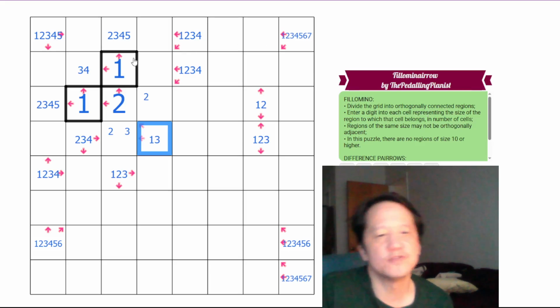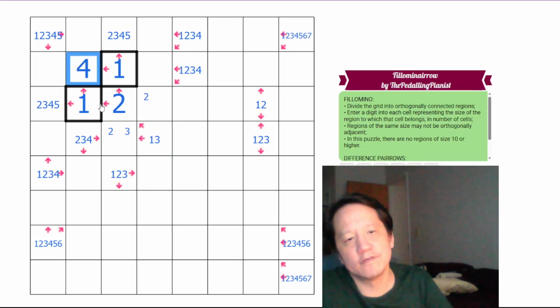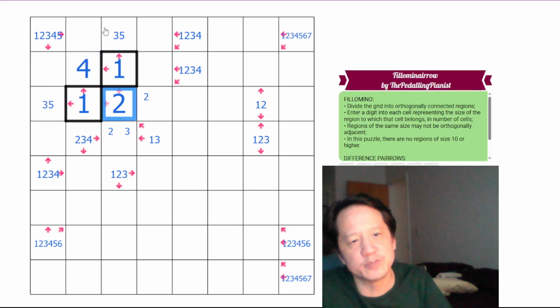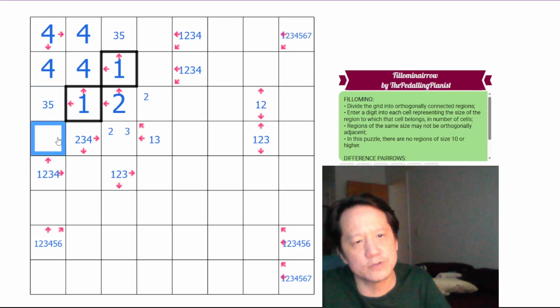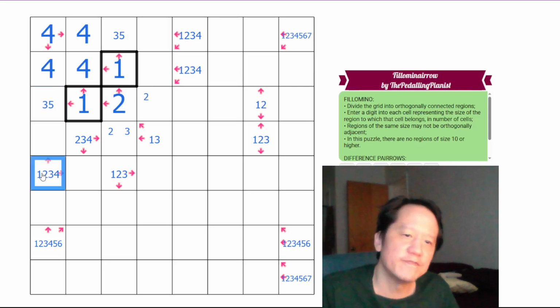So what happens if it's 4, 3, and 5? Because these must be 1 apart from each other, and these must be 2 apart from each other, then these all become 4. You would have 1, 2, 3, 4 and 1, 2, 3, 4 being 4 apart from each other, which is not going to work.